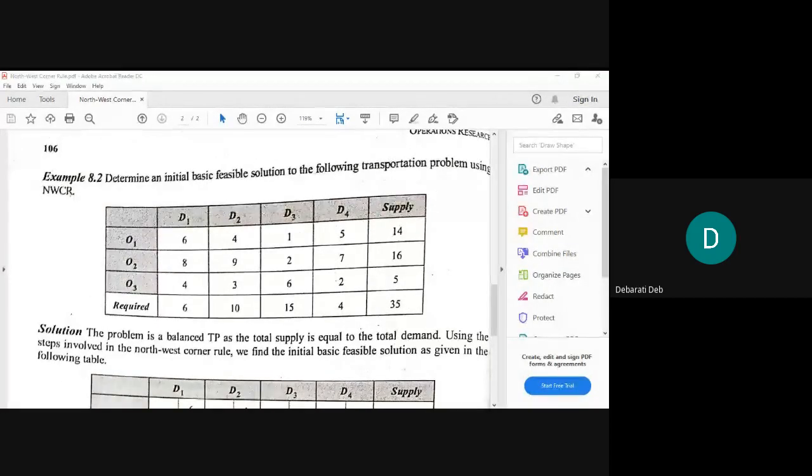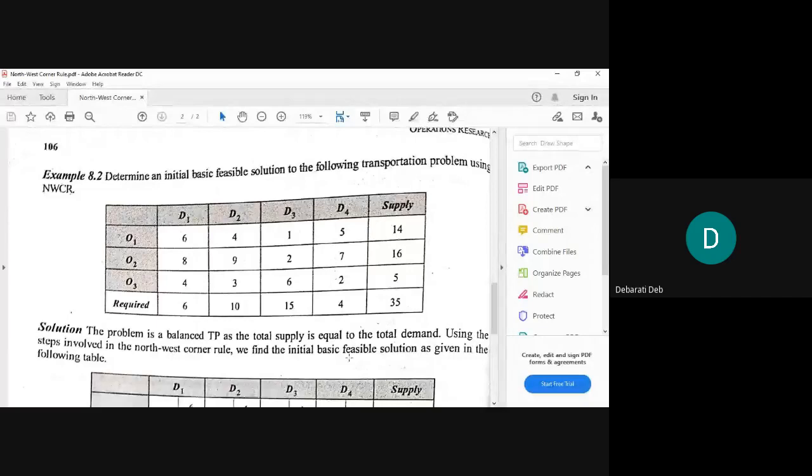Using that rule, we will have to solve this problem. Now, what is our first step? We will first have to see whether the problem is a balanced one or not. If it is a balanced one, then there is certainly a chance of occurrence of the feasible solution. If the problem is not balanced, then it indicates that there is no feasible solution. So our first step is to see whether this problem is balanced or not.